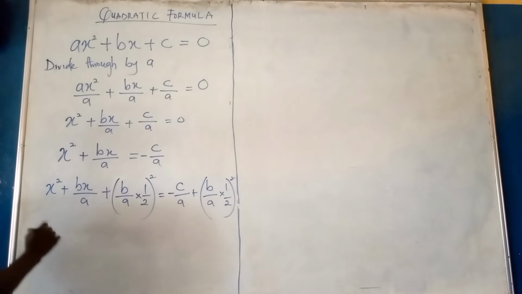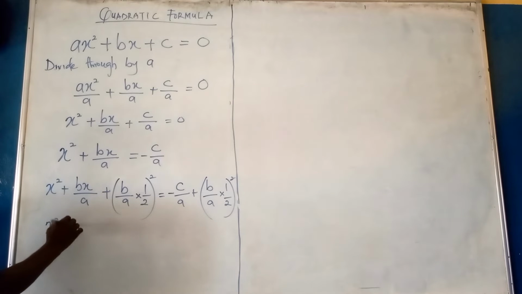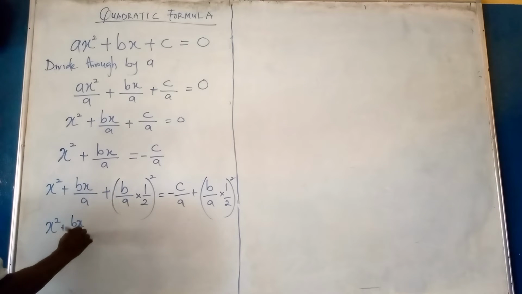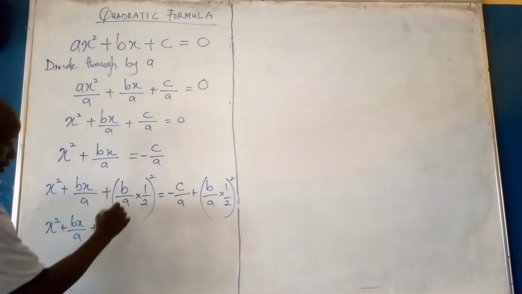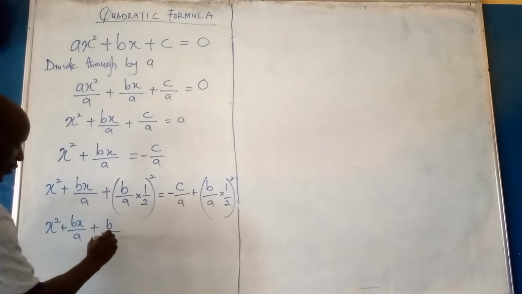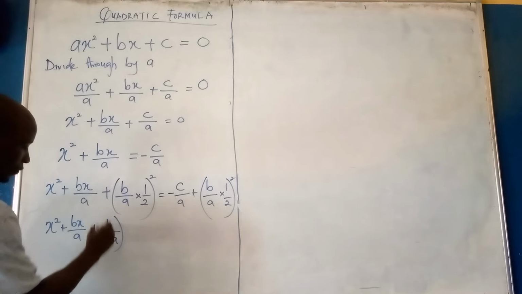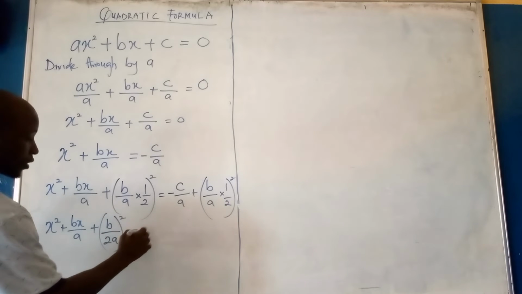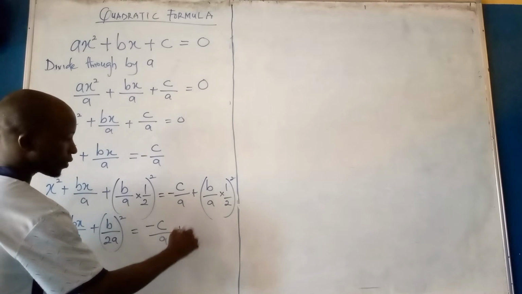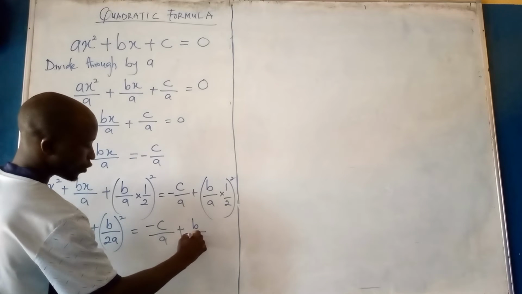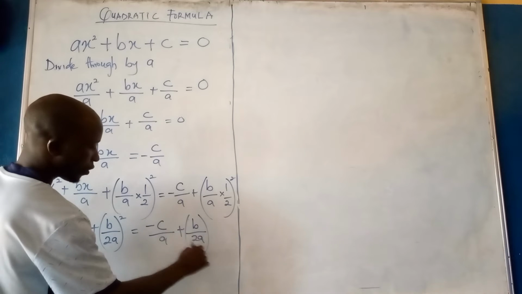And from here, this gives us x squared plus bx over a plus b over 2a all squared equals minus c over a plus b over 2a all squared.